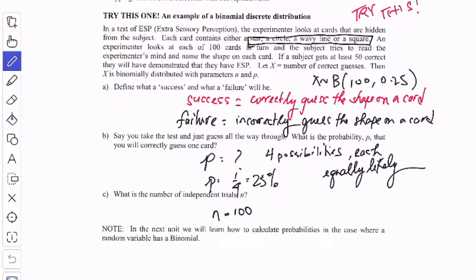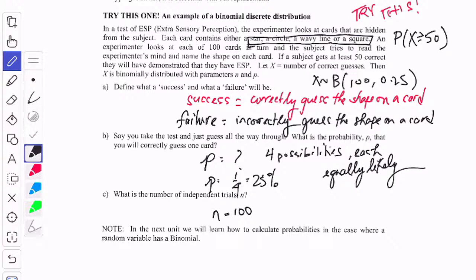I want to talk about what's the probability that someone is found to have ESP? The definition of having ESP is that the person has correctly guessed 50 or more cards. So that's what we want to find out.